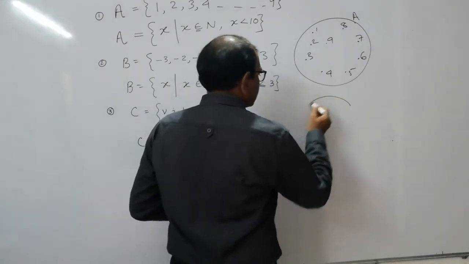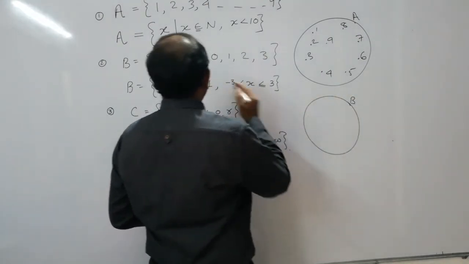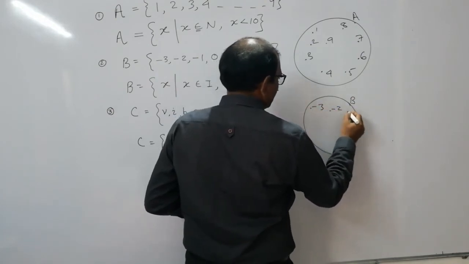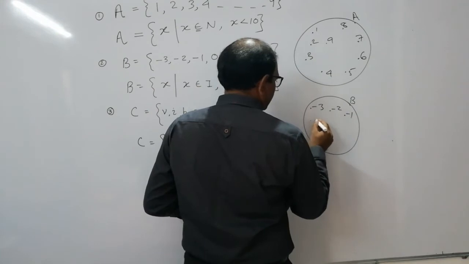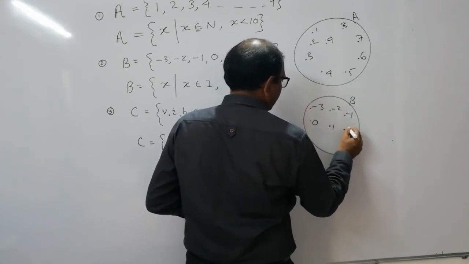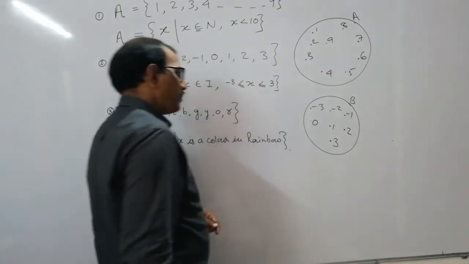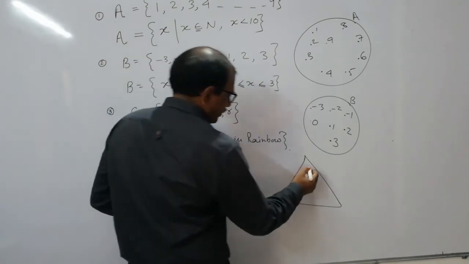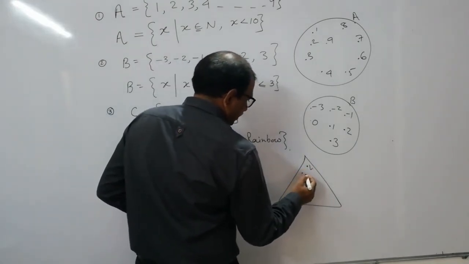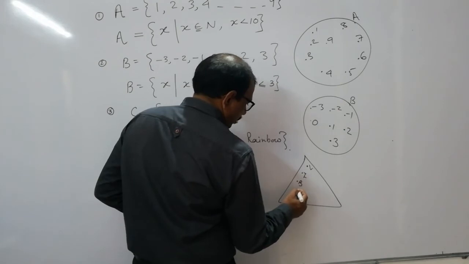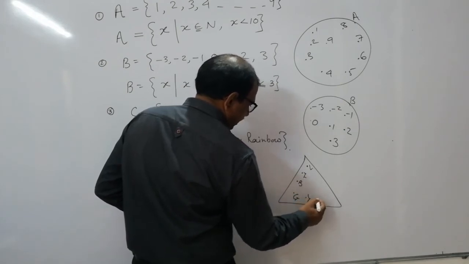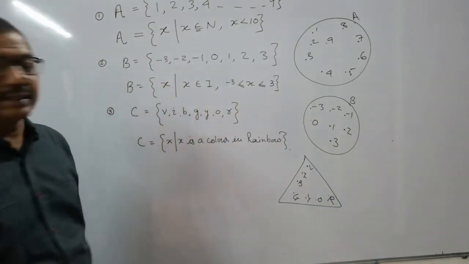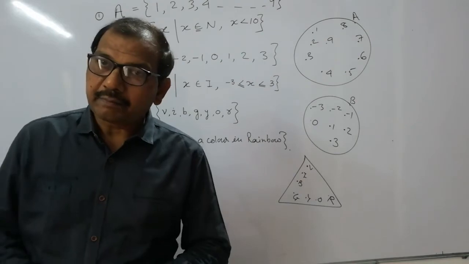So B is another set having elements -3 से लेके 3 तक. So -3, -2, -1, 0, 1, 2, 3. Alright? C का अगर दिखाना है, you can make use of a rectangle also. Points: violet, indigo, blue, green, yellow, orange, red, something like this. समझ में आ रहा है?